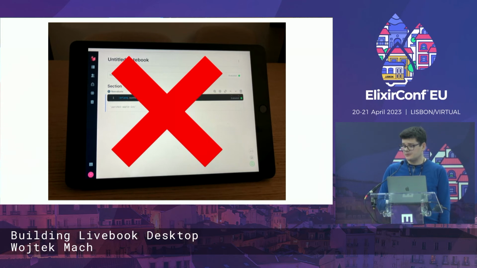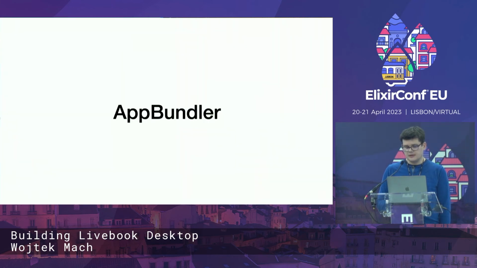As I mentioned, Dominik was super helpful throughout the project. He started the Elixir Desktop project. And so there is definitely overlap between what he did and what we were trying to do with Livebook. And we decided that there's going to be an extracted library out of this, some shared component that we could all use. And we decided to have this app bundler library, which is about bundling your app.